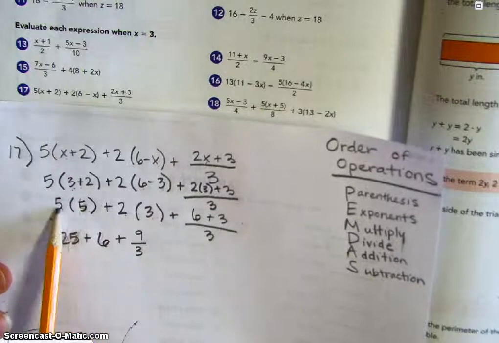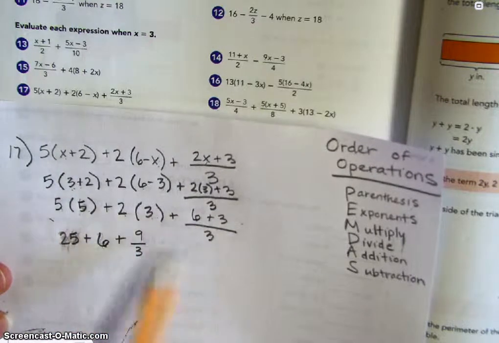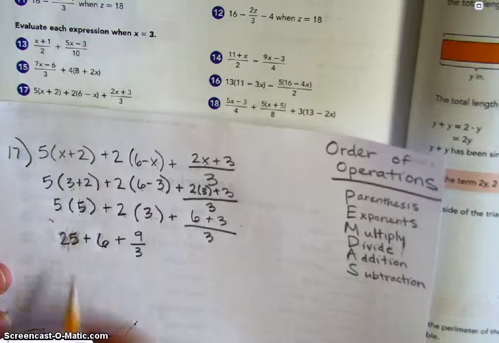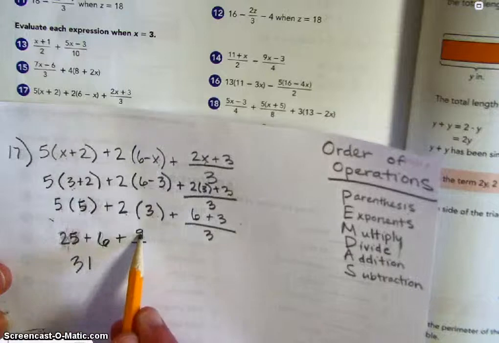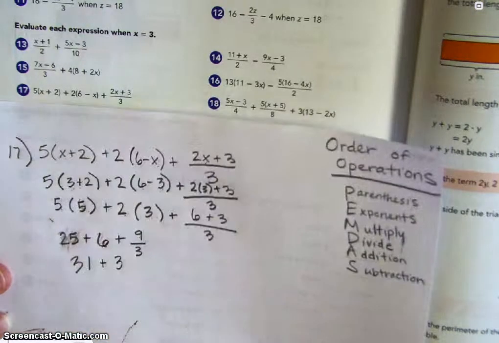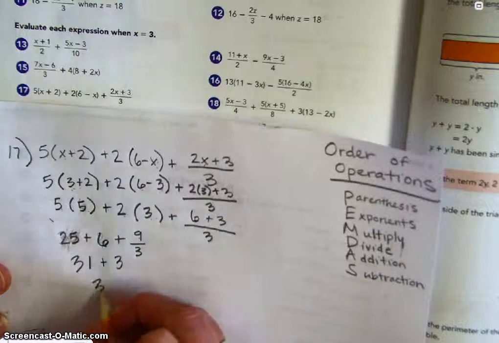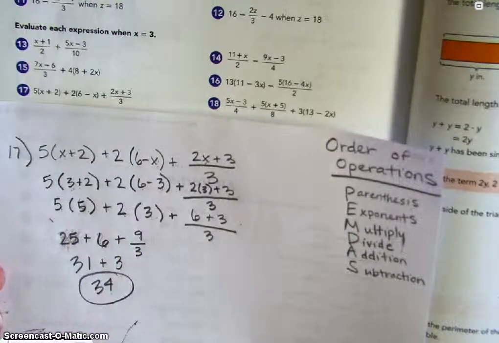The multiplication equals 25, multiplication here equals 6. Then I added these for the division. Now I can go through and say 25 plus 6 is 31. And I can say 9 divided by 3 is 3. So I just do plus 3 because this was my addition here. And 31 plus 3 now is 34. And that's my answer. So let's go ahead and do number 18 together as well.